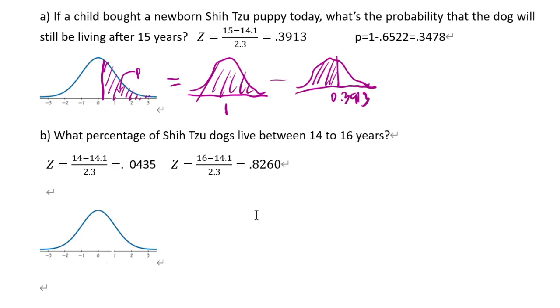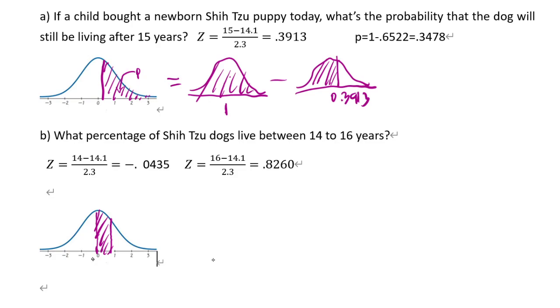here, let's say here's 0.0435. It's actually, there should be a minus, sorry. So let's move it slightly to the left of 0. And then 0.826 is somewhere here. And we're trying to find the area of this.